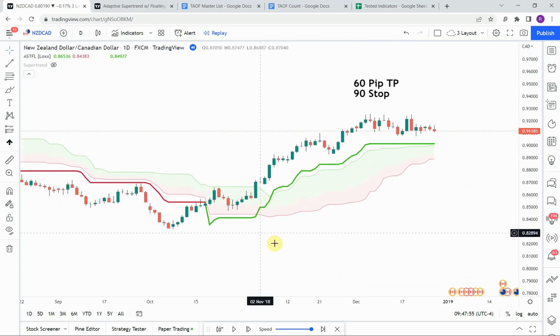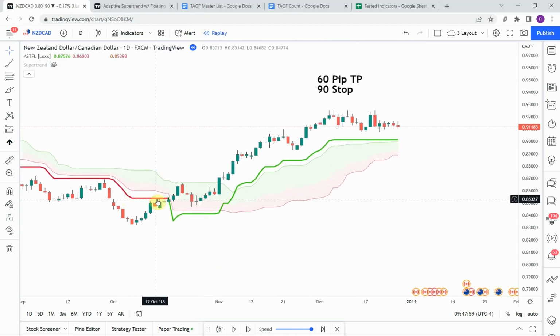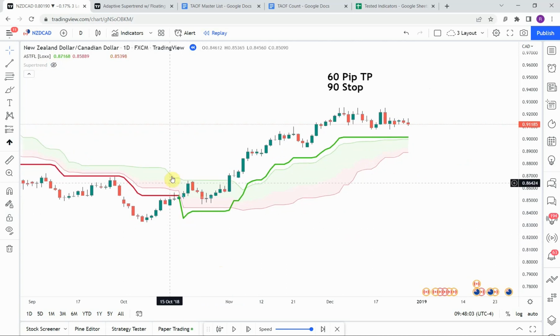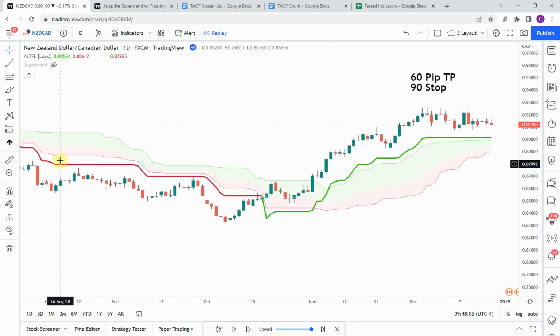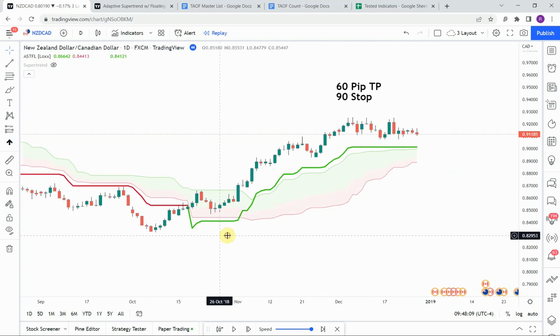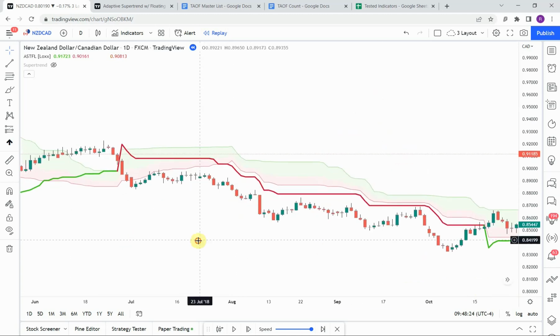And so again, that gives us an opportunity. Instead of just taking every switch of the super trend, where when it switches to green we would go long and when it switches to red we would go short, which is your standard way of doing it, what we're going to do is when it switches to green, we wait until price breaks out above that cloud to the upside, and then we go long.